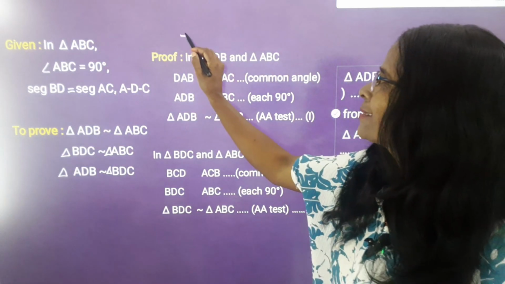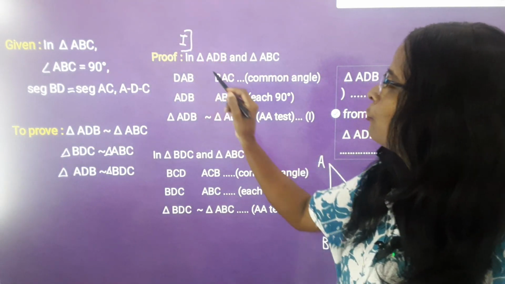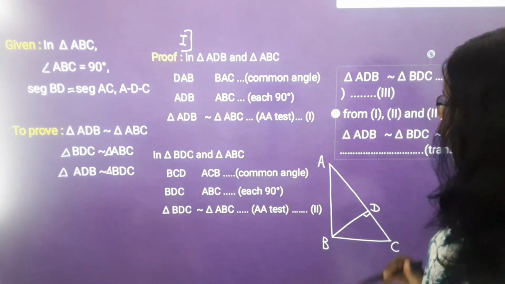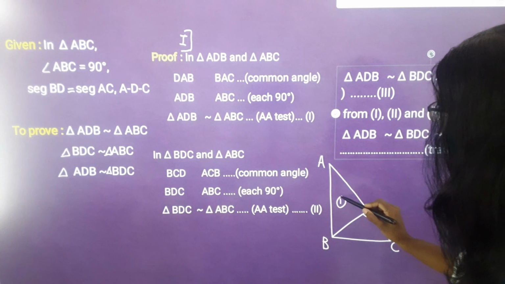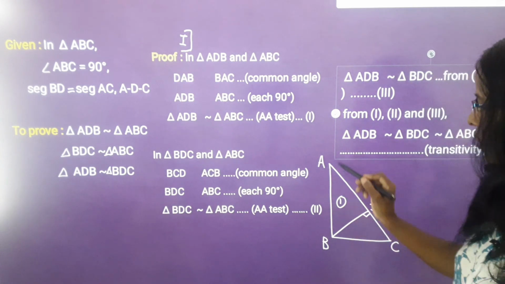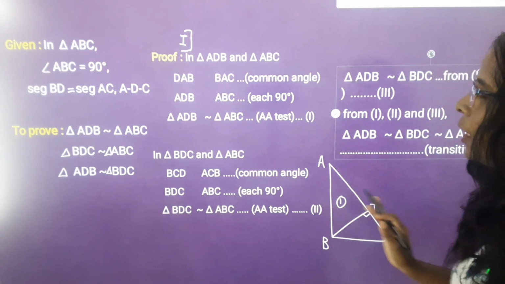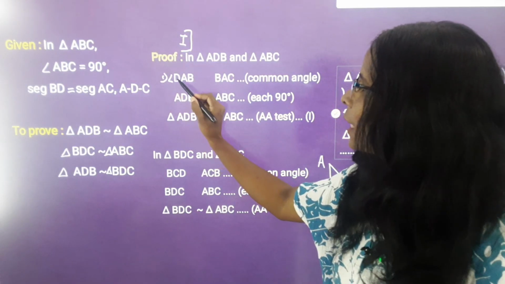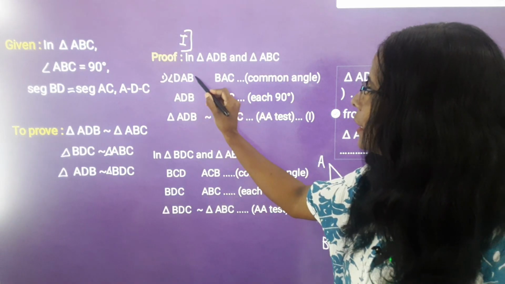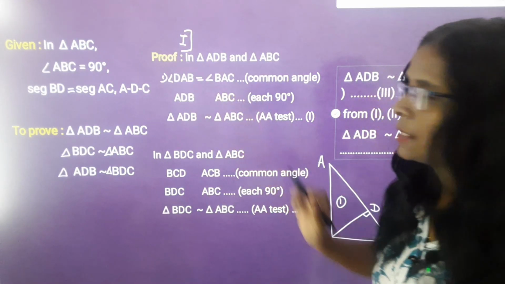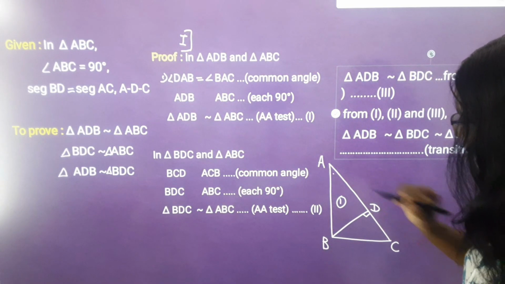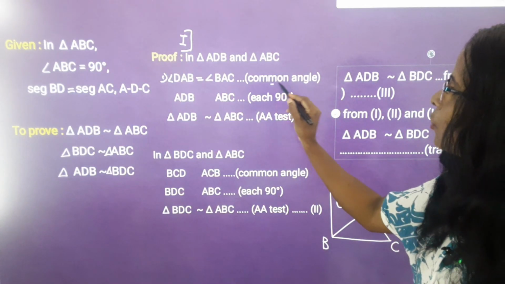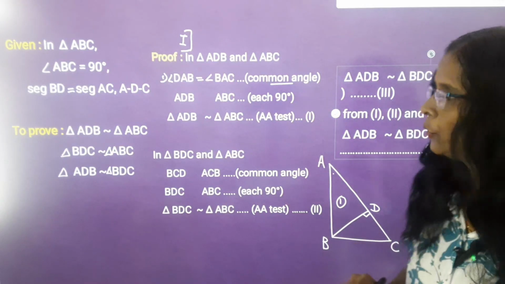First part, let us consider triangle ADB and triangle ABC. So this is the first newly formed triangle, and the original triangle ABC. Here, first, angle DAB is equal to angle BAC, because this angle A is in both the triangles. So it is a common angle and they are congruent to each other.